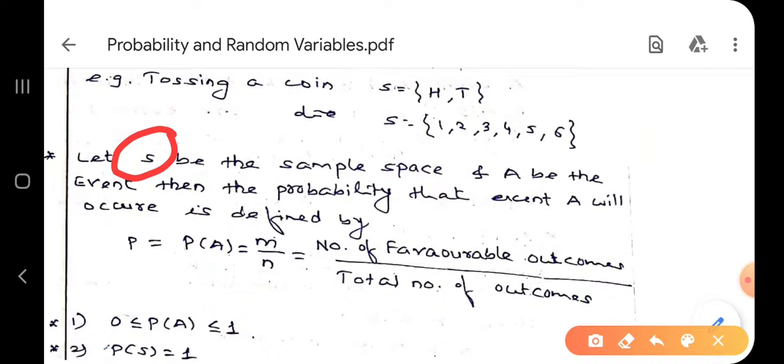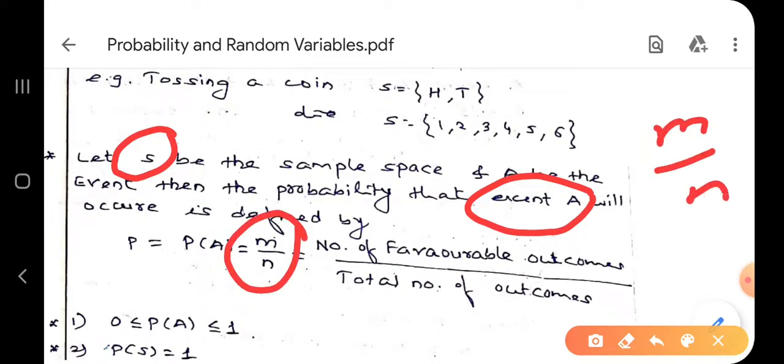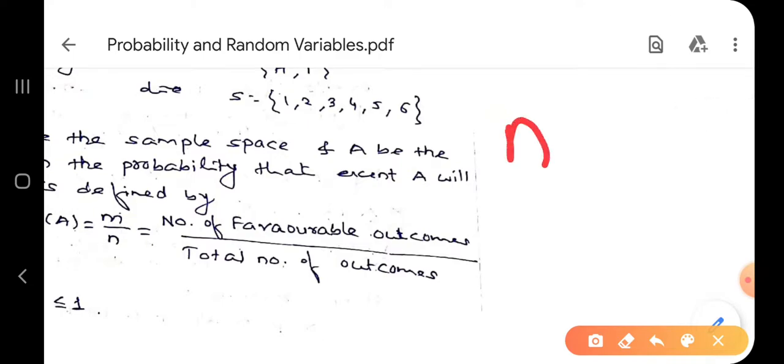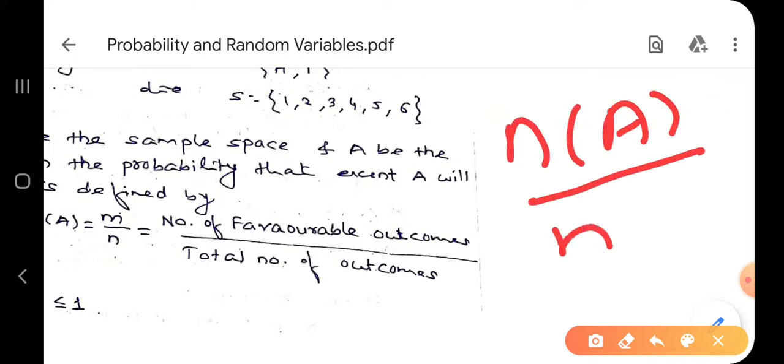Then the probability of event A occurring, P of A, is equal to m upon n, or you may call it n of A divided by n of S. In some books this notation is also used. What does it indicate? The number of elements in the event A upon the number of elements in the sample space.